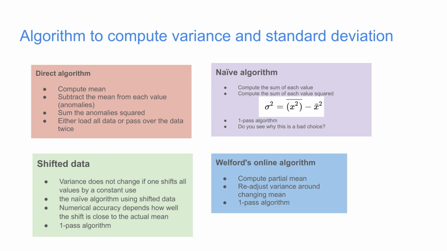But the best algorithm I found so far is the Welford online algorithm, which is really clever because it computes the mean so far and constantly reshifts the data. The nice thing is that it only goes once through the data and it essentially preserves the accuracy.